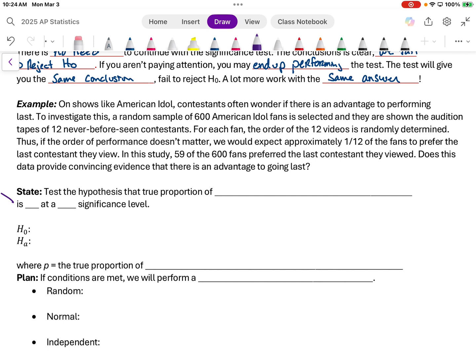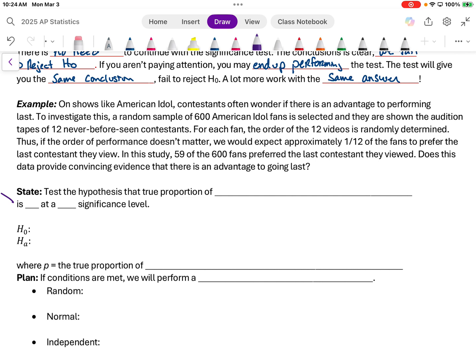On shows like American Idol, contestants often wonder if there's an advantage to performing last. To investigate this, a random sample of 600 American Idol fans is selected, and they are shown the audition tapes of 12 never-before-seen contestants. For each fan, the order of 1 through 12 of the 12 videos is randomly determined.